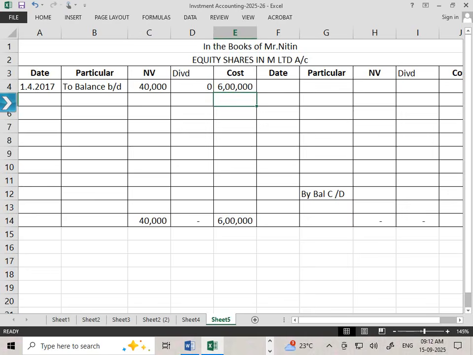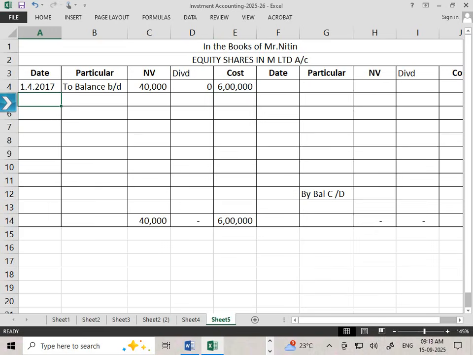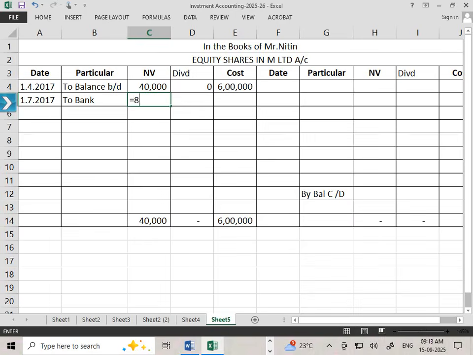Next, July 2017, he purchased 800 additional shares of the same company at a cost of rupees 12,800. So the purchase entry is very simple. To bank, how many shares? 800. The date is 1st July 2017. So write 1/7/2017, to bank, 800 shares. 800 multiplied by 10 is 8,000.